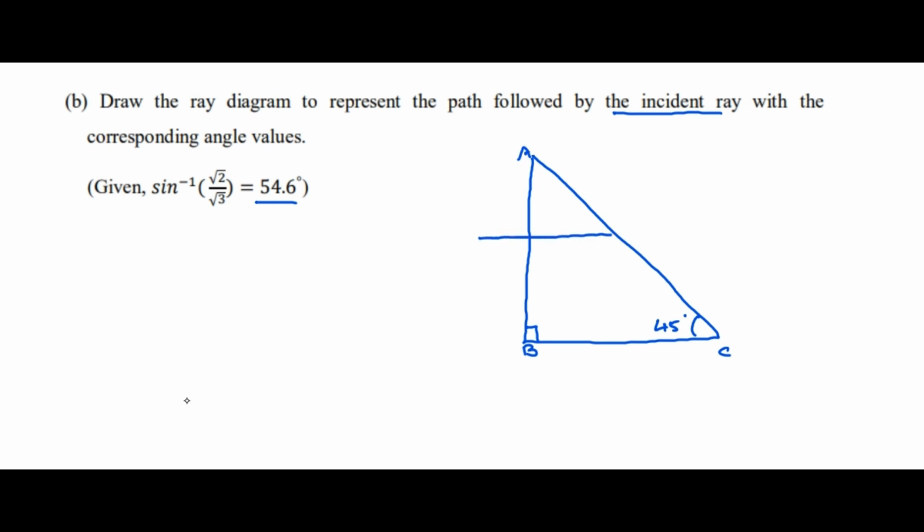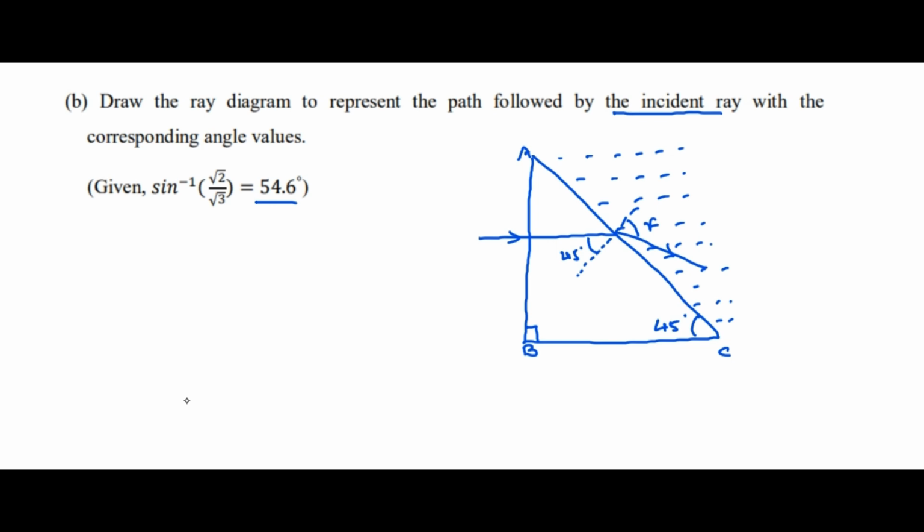The ray is incident on AB normally, but on AC the angle of incidence is 45 degrees, and here liquid is there. Then definitely it will travel like this. It is the angle of refraction.